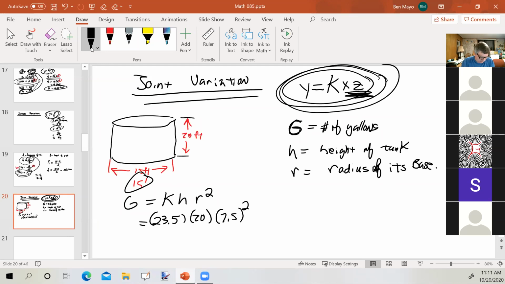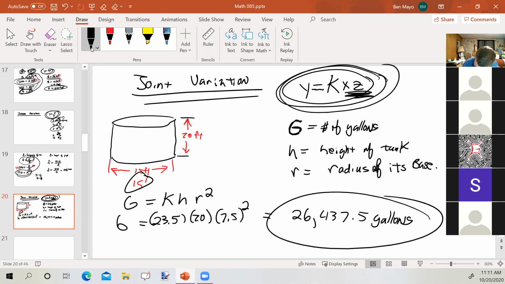All right. So calculator time, 23.5 times 20 times 7.5 squared. And I'm getting 26,437.5 gallons.